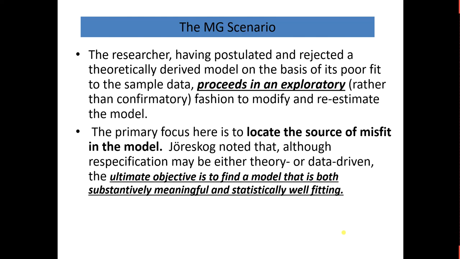When I will be lecturing on how to do structural equation modeling, then I will be discussing this in more detail. So there are different types of modifications possible, and based on that modification, we try to arrive at a model that best fits the data.